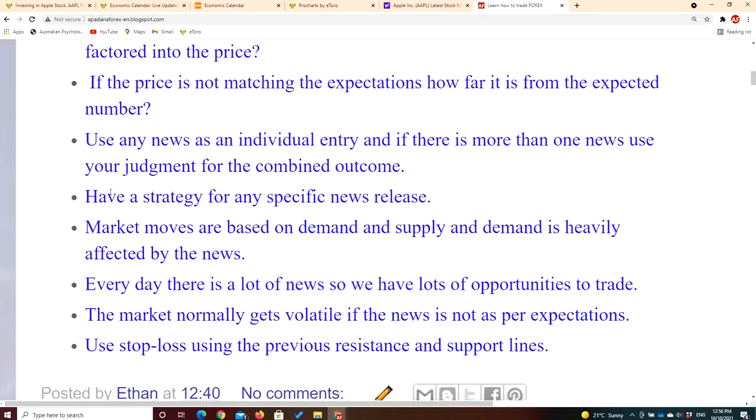Next one, market moves are based on demand and supply. I have a video about this, explaining how stock market or forex market prices and moves are based on demand and supply. So you can go and have a look at that one anyway. But demand is heavily affected by the news. People rush to buy something, invest in something if they hear good news about it.